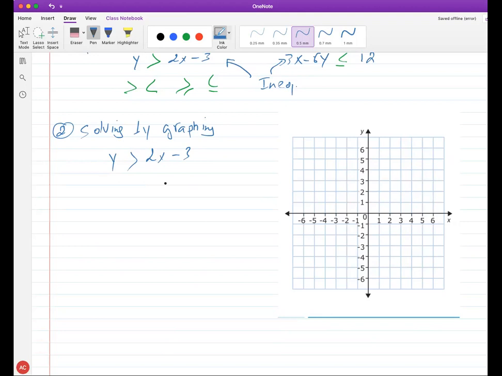So this is in a y = mx + b form. So this is again what we call the y-intercept. This is what we call the slope, m, 2 or 2 over 1. So again, we'll call it the rise and run. Rise over run. All right, how do we graph this again? Where do you start from?